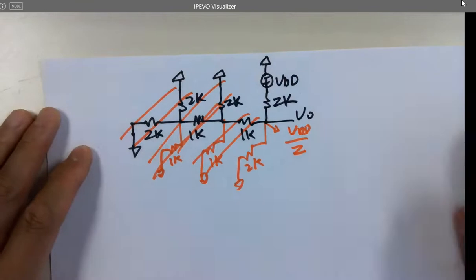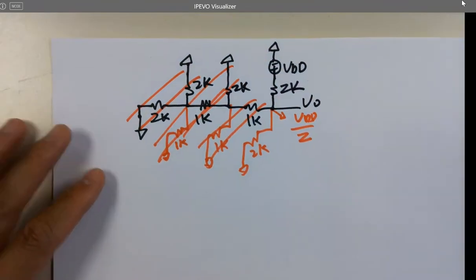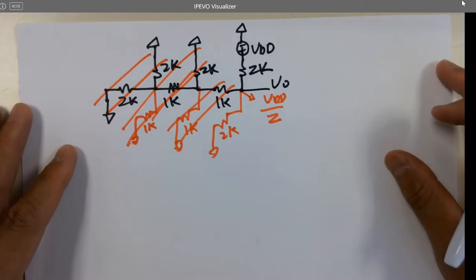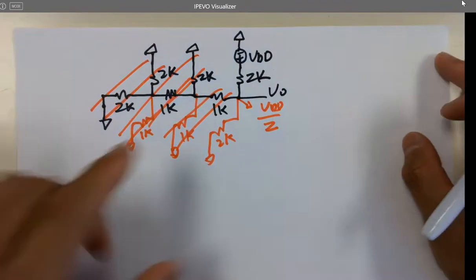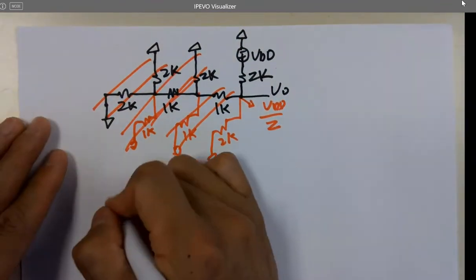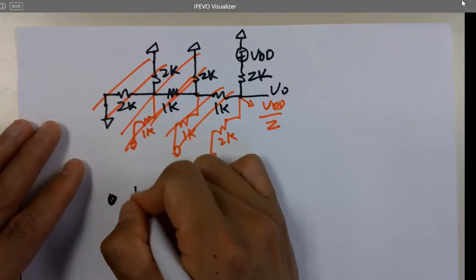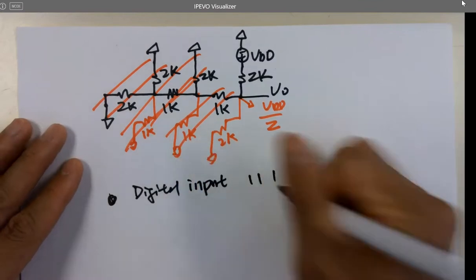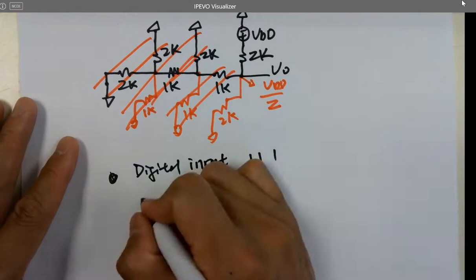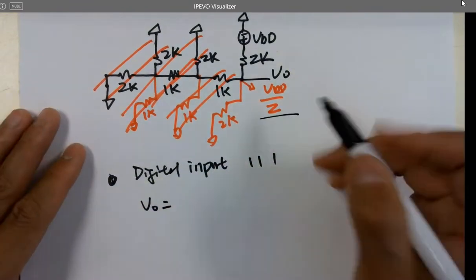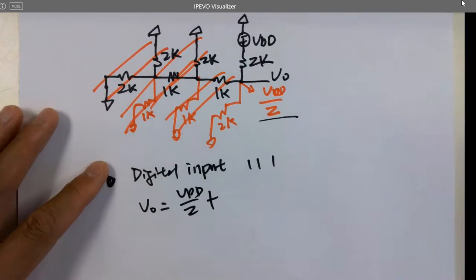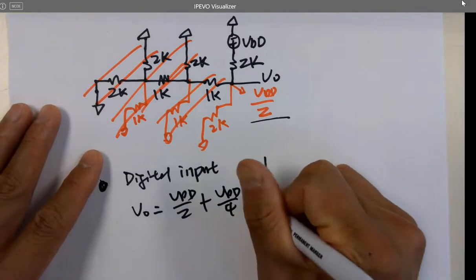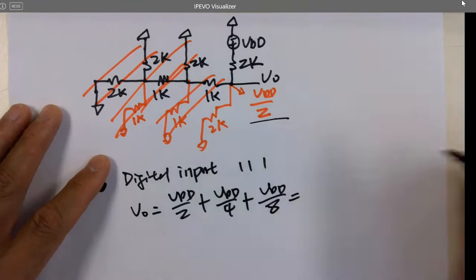If you only have this one on, it contributes VDD over 2, this much voltage to VL. So if you have all of them on, what's the final output? Which theory do you want to use when you have all of them on? Superposition, right? So if the digital input is 111, VL equals this plus this plus this.